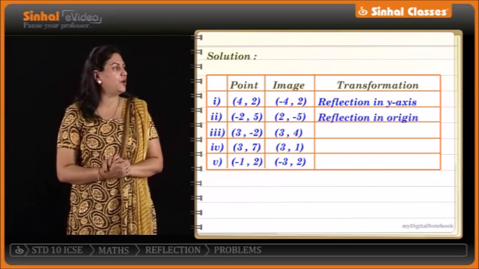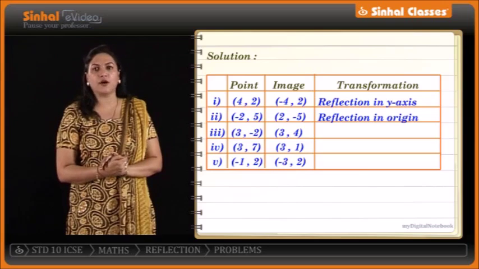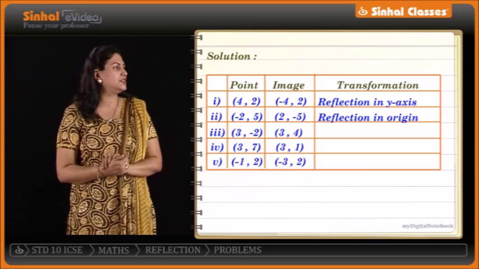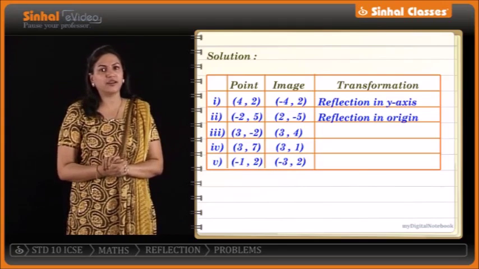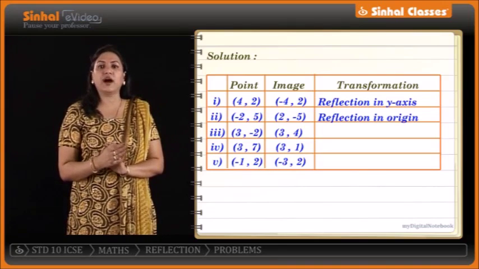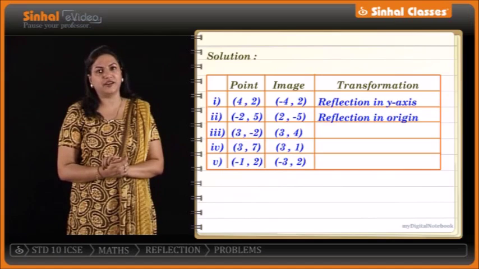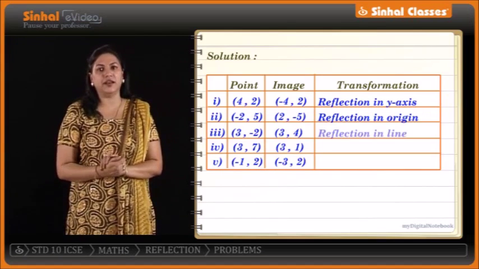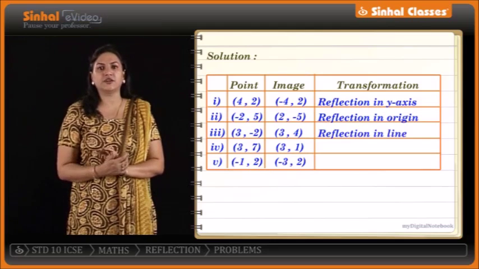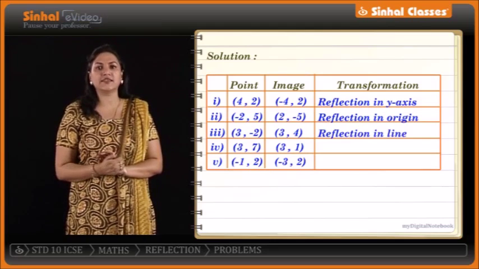Now take the third point. We have (3, -2), and the image is (3, 4). So the x coordinate is the same, but the y coordinates are different. And they are not just different in sign, but even the numbers are different. So it is reflection in some line. Now which line could it be, y or x?